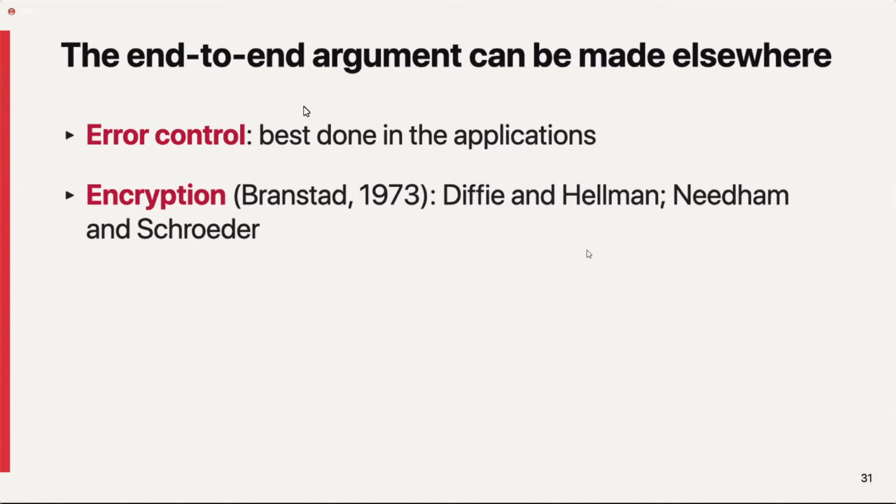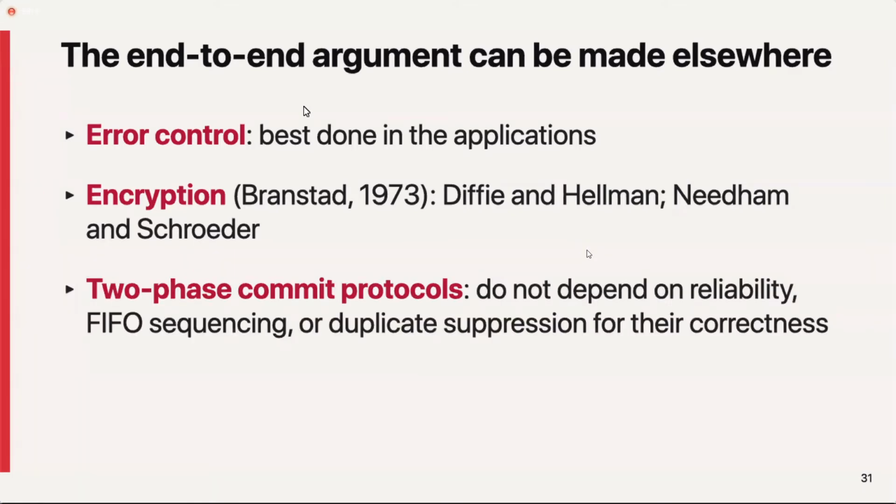Diffie and Hellman, Needham Schroeder protocols, they're all doing it from the end-to-end layer. In the database community, two-phase commit protocols, again, this protocol is designed without any assumption of reliability, FIFO sequencing, duplicate suppression in the lower layers. So this is designed to be robust enough so that you don't really have to support it by offering features in the lower layers. And that, again, follows the end-to-end argument.